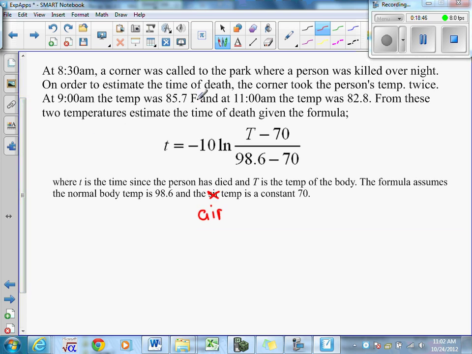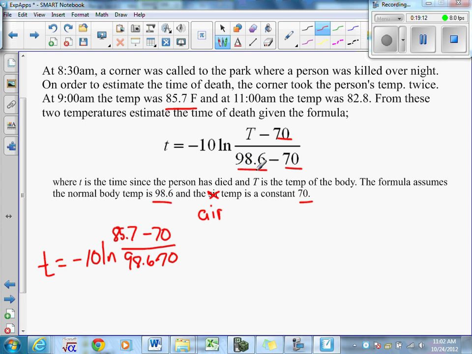So at 9 o'clock, it was 85.7. So let's figure out our time. Minus 10, natural log, 85.7 minus 70 divided by 98.6 minus 70. You can see here this constant temperature 70 goes in the formula there. Normal body temperature goes in the formula there.